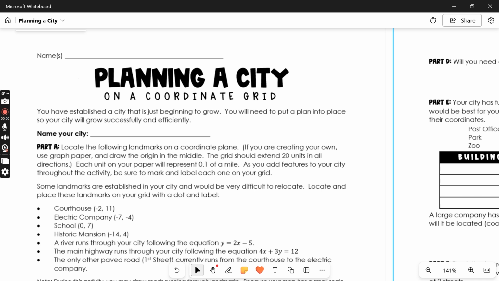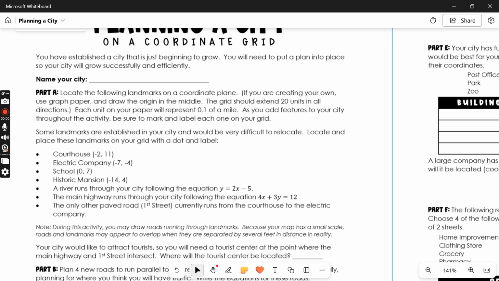So you're going to name your city. Make sure your city name is appropriate and creative. Part A gives you a few items that you're required to have on your city. So every single person will have these things, all 7 of them, exactly the same, and that's perfectly fine.